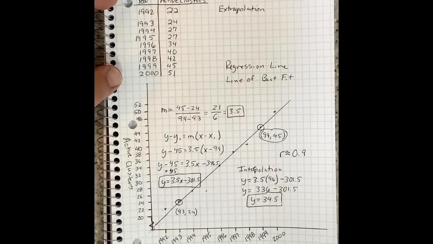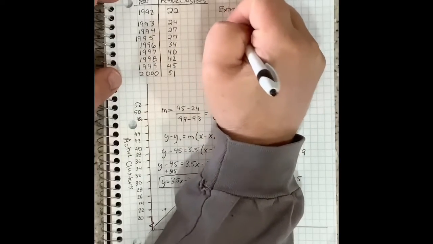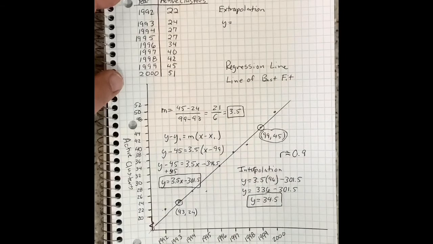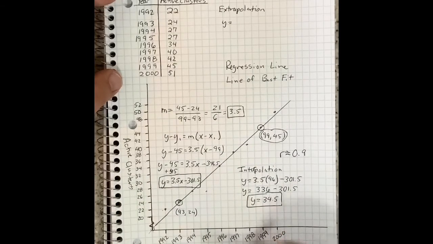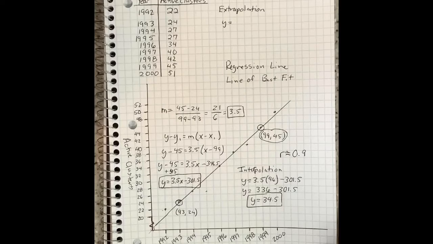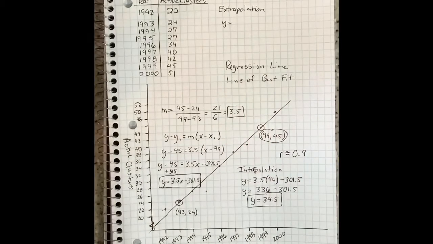Extrapolation would be kind of to try to predict the future. Now, I doubt that the active clusters would keep going linearly for the next 20 years. The chances of that happening are probably pretty low. At a certain point, the forest isn't going to be able to handle all of them, so you could expect this data to start leveling off.